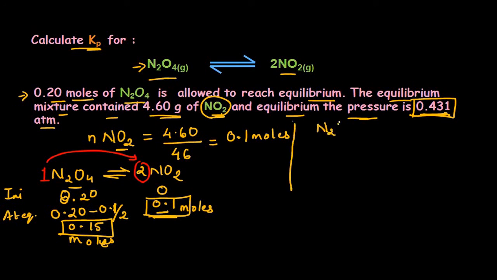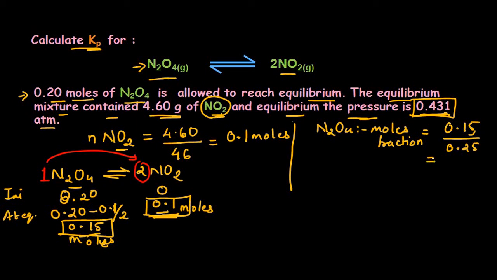So for N2O4, dinitrogen tetroxide, the mole fraction is moles of N2O4 divided by total moles. Moles of N2O4 is 0.15 divided by the total moles. Total moles is 0.15 plus 0.1, so 0.25 total moles.